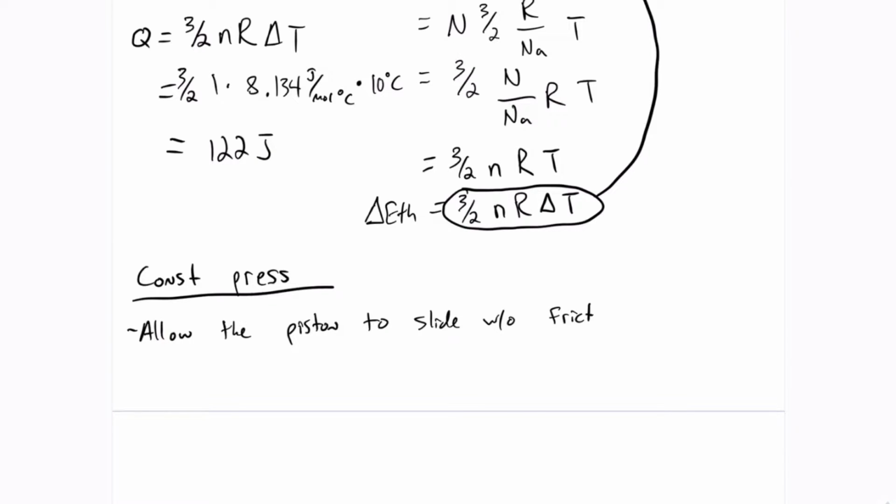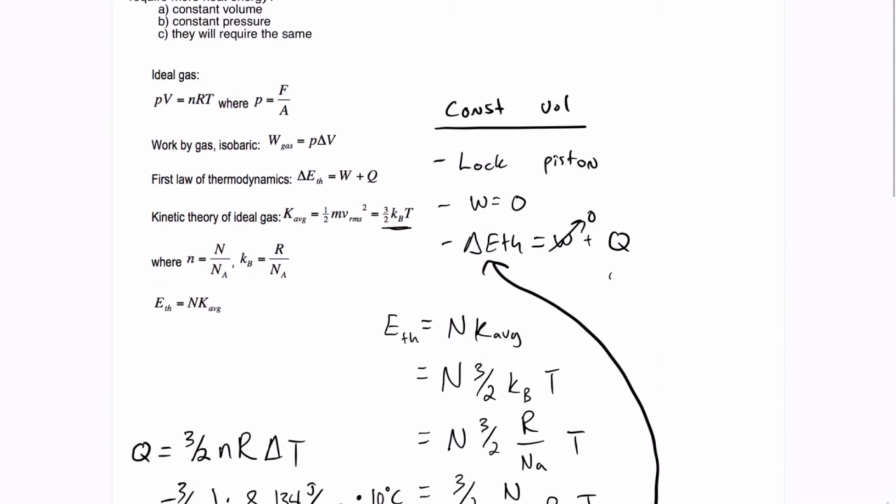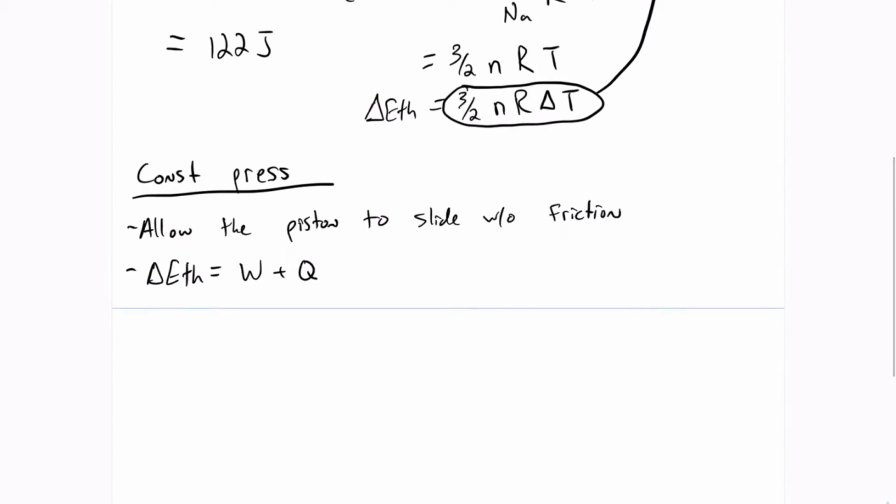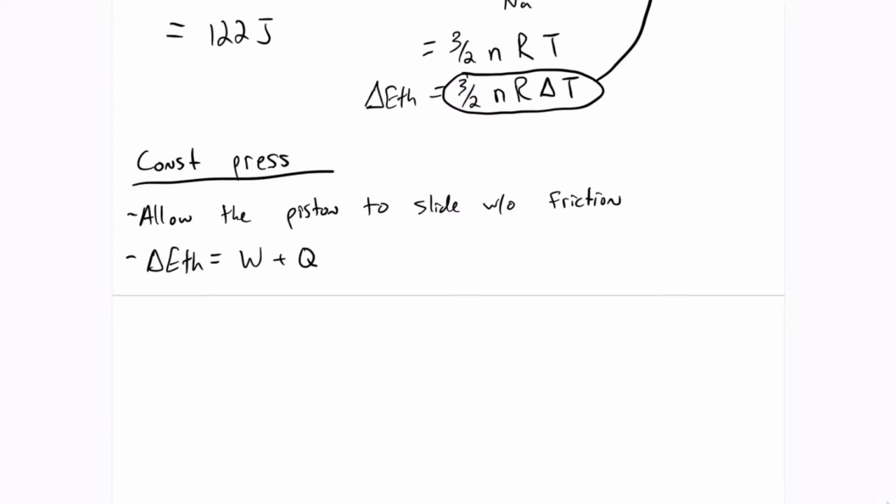For this one, we're going to have a little bit of a harder time simplifying this first law equation. Here, we see that delta E_th equals work plus Q, heat transfer, and there is going to be work this time. So let's go ahead and start working through this.